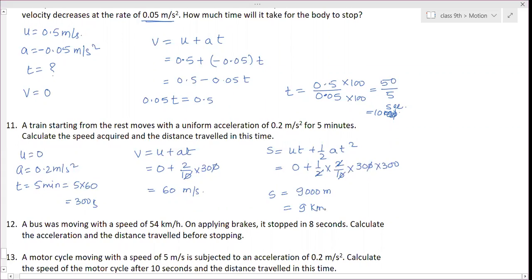So that is equal to 9 kilometer. Next question.